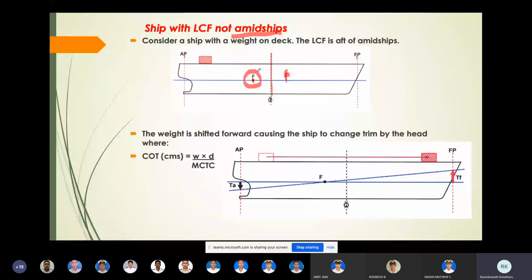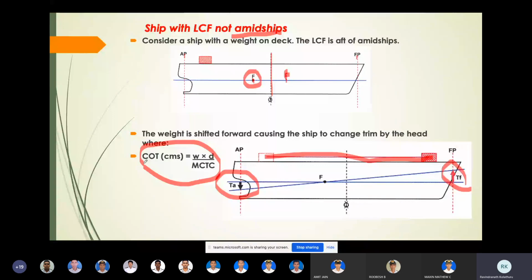Now again we are going to take the same example of shifting the weights from aft to forward. So my forward draft will increase and my aft draft will decrease. For finding out the change of trim, we have the formula. The concept, or logic, will be the same thing which we'll be applying here.